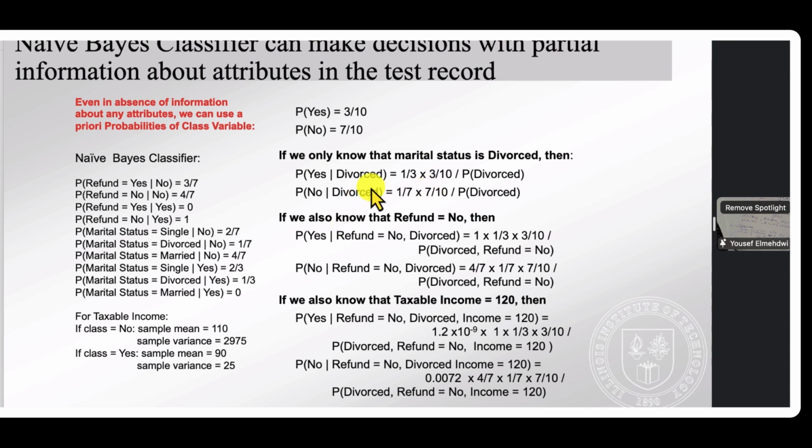Another thing, if I give you only the refund, or another attribute, for example the taxable income, the same thing applies. Whatever attribute I give you, I'm still able to use this information to perform the computation we're looking for.